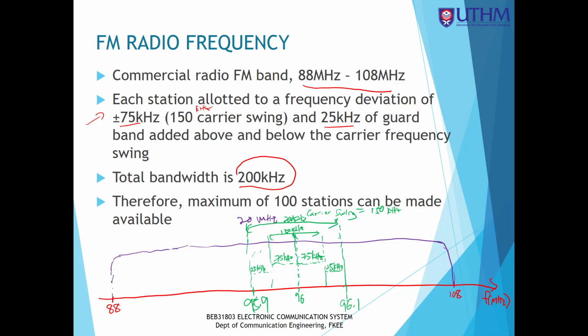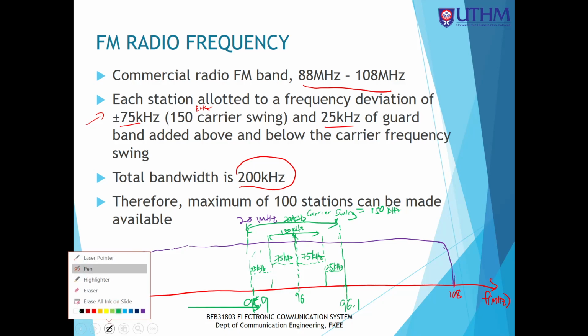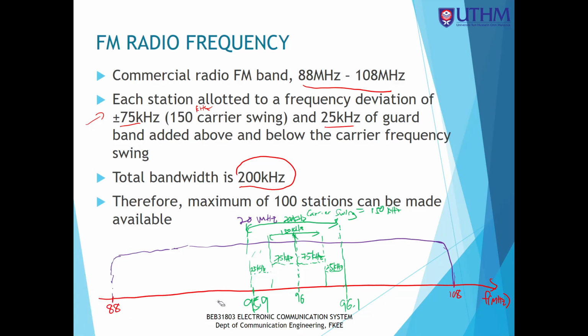So between this range of frequency, 95.9 until 96.1, belongs to this radio station Sinar FM. There is supposed to be no other radio station between these frequencies.